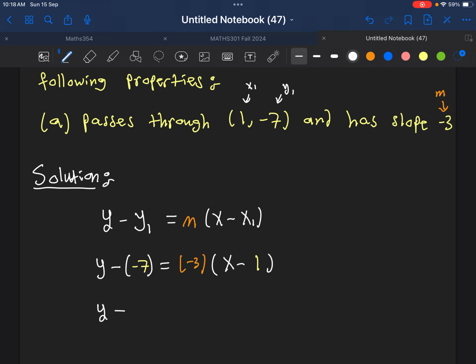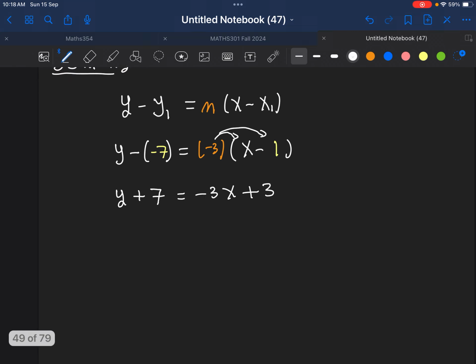Of course, if we simplify this, this will be y plus 7 equal, now if we take -3 inside, -3x plus 3.